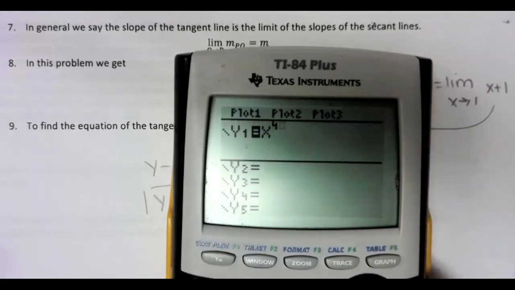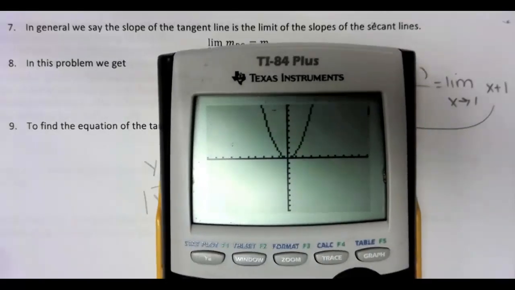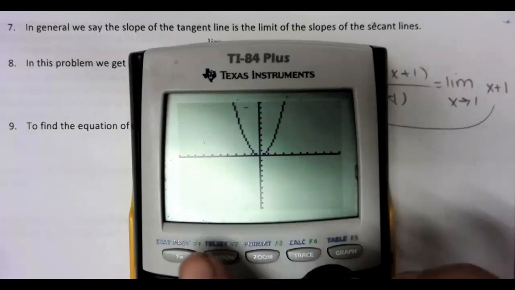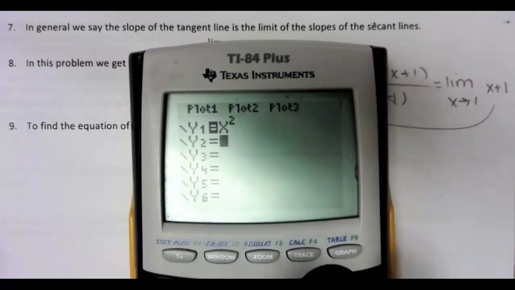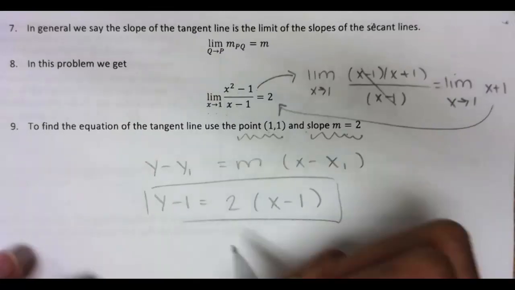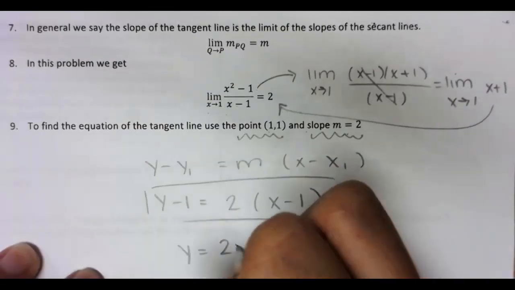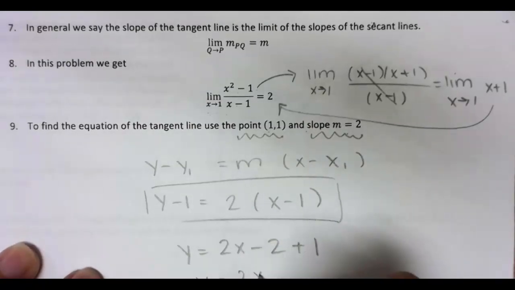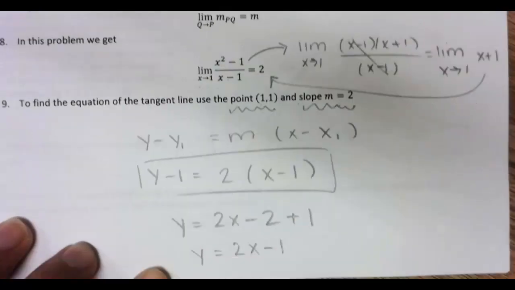Okay, so the graph is x squared, right? So there's our function. Now what we are doing is looking at our function closer and closer and closer to the point (1, 1). So the tangent line, which I have to get into point-slope form, is y equals 2x minus 1.